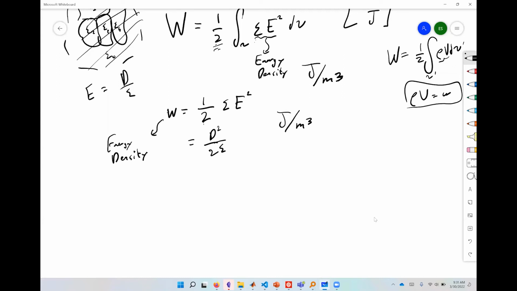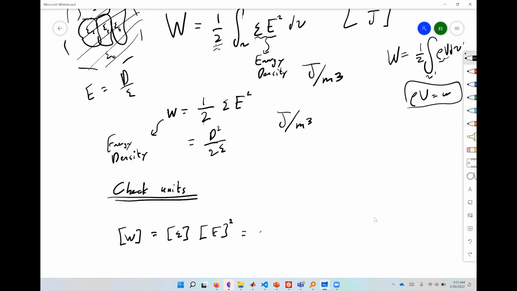Let's check units to make sure that what we're doing here is right. Let's check the energy density. The energy density, small w, has units of epsilon times the unit of E squared. What's epsilon?